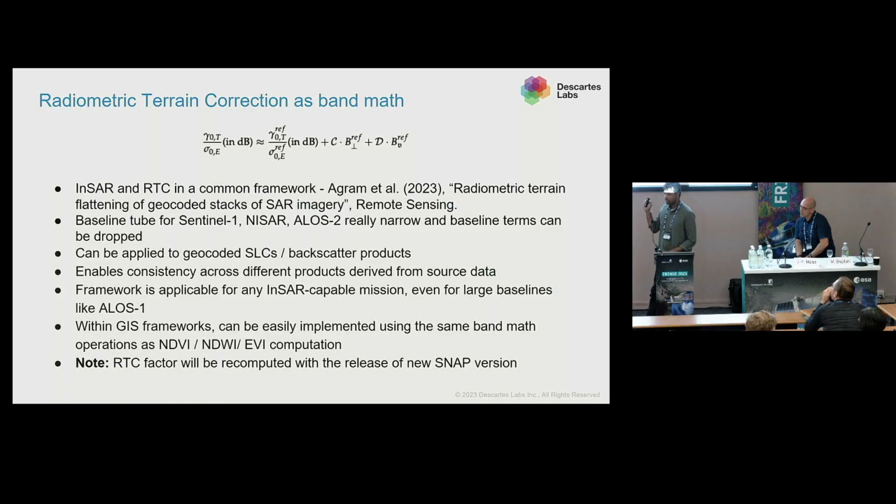We've also shown in the paper that this framework can go as far as ALOS-1 baselines, which is 6 kilometers. So basically, any modern INSAR compatible mission, you get radiometric terrain correction for free if you make the right equation changes in a couple of places.